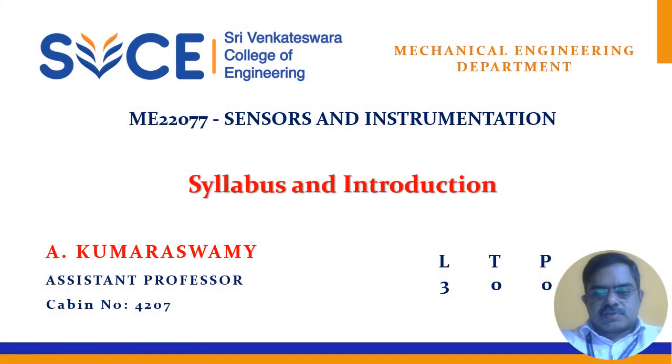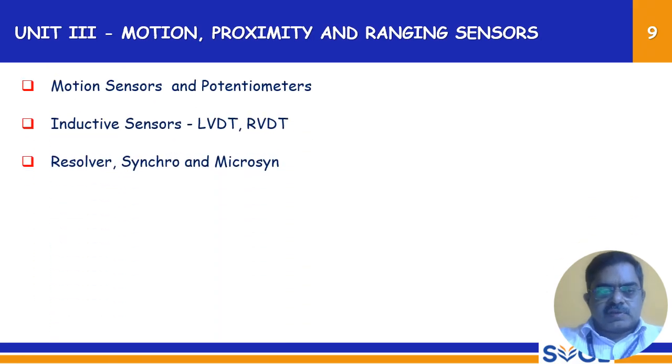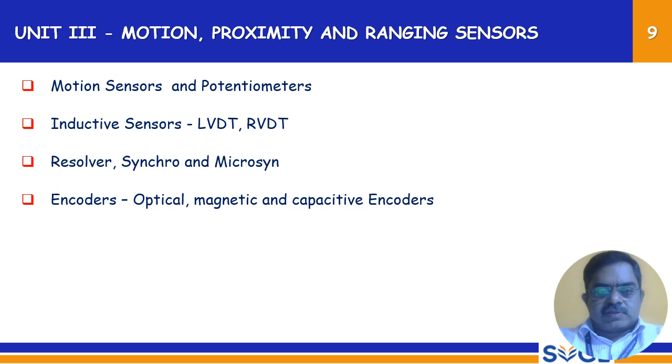Welcome back, students. Now we will see another topic in unit number 3, that is resolver, synchro, and microsyn. These are three identical sensors. All three are very similar in construction and similar in working principle.